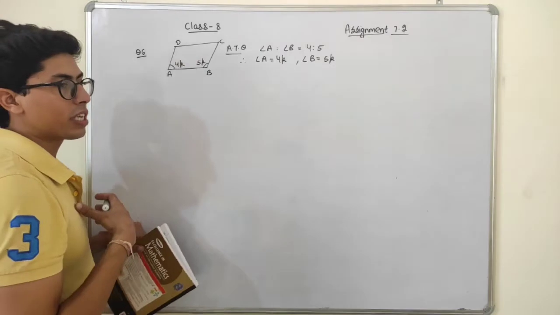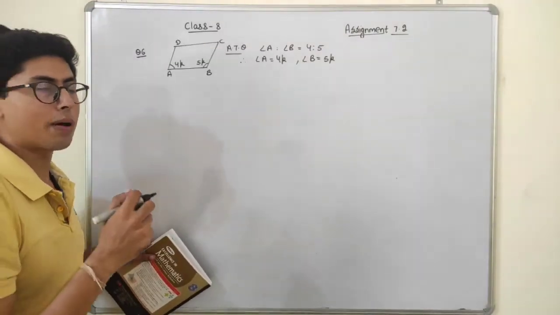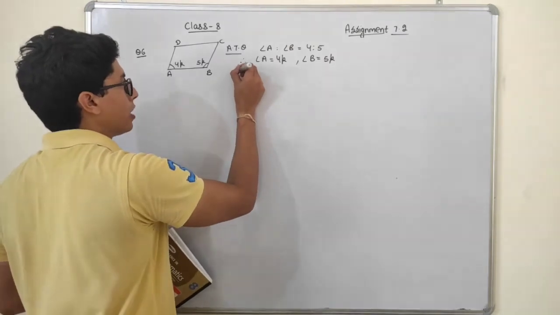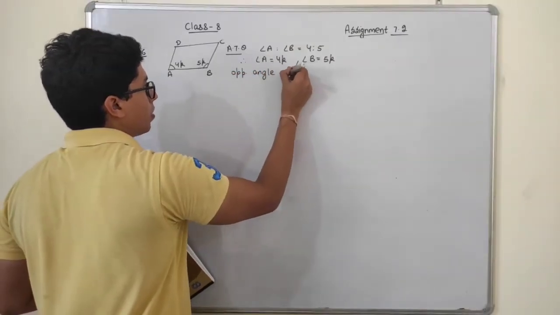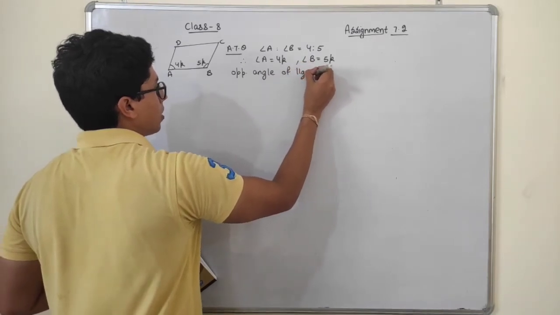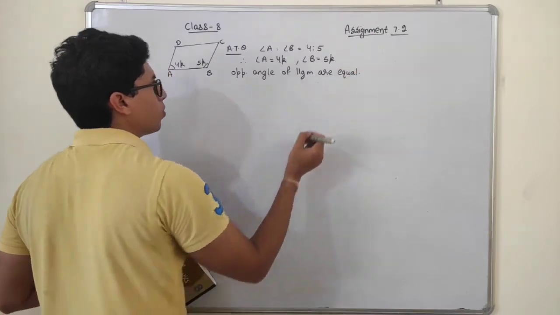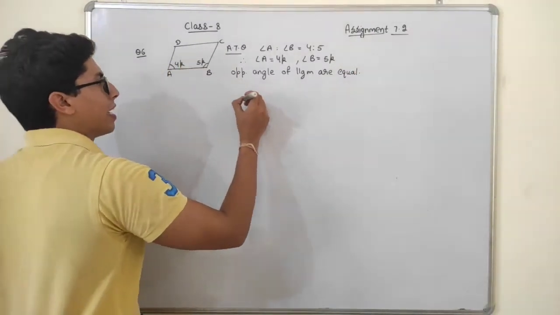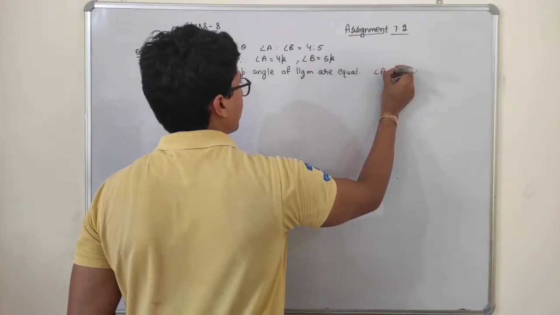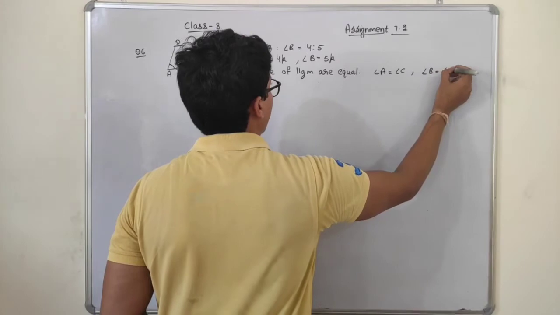Now, students, I have already discussed the property with you that opposite angles of a parallelogram are equal. So angle A is equal to angle C and angle B is equal to angle D, because these are the opposite angles.